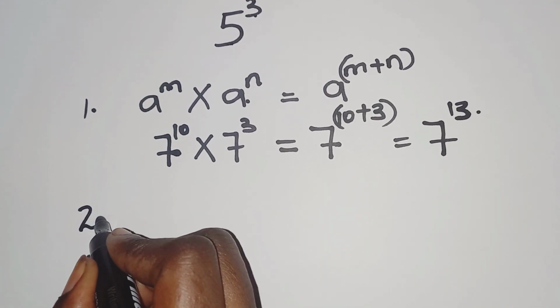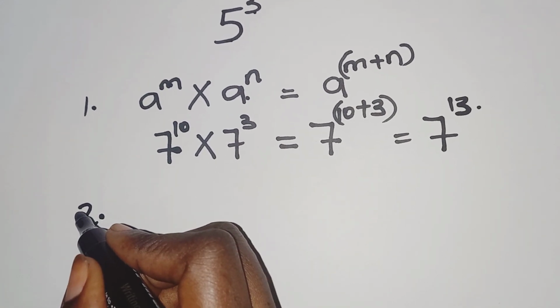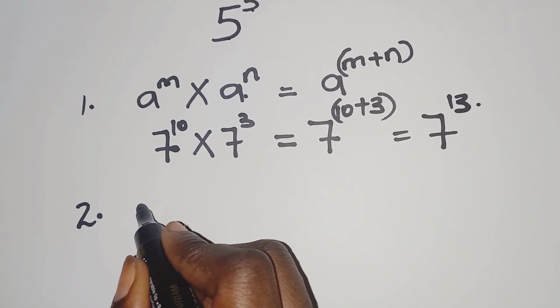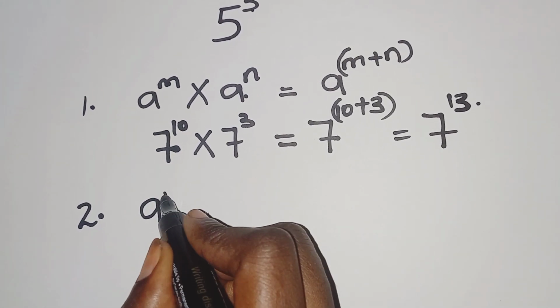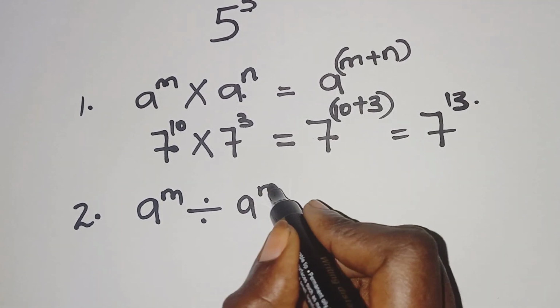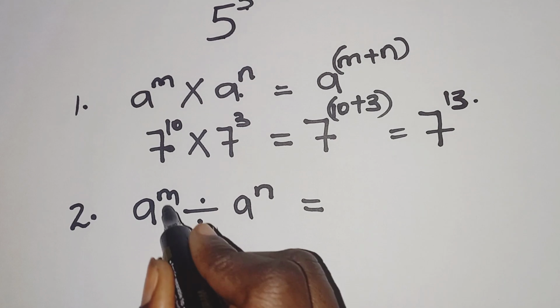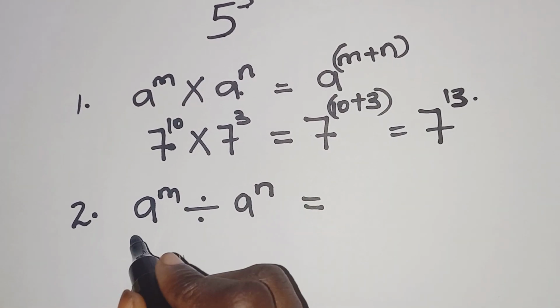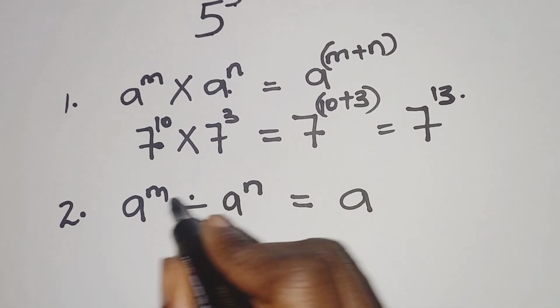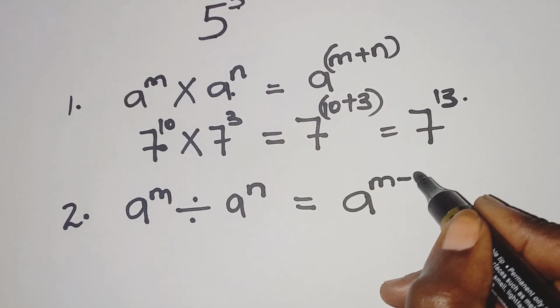The second law will be on division of indices. For example, if you're given a raised to power m divided by a raised to power n, then you will subtract the indices. That will mean that your answer will be a raised to power m minus n.